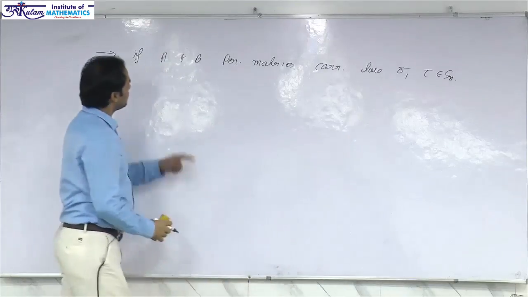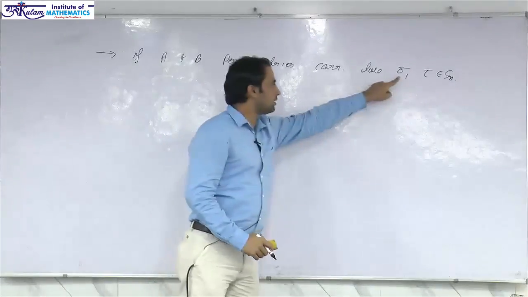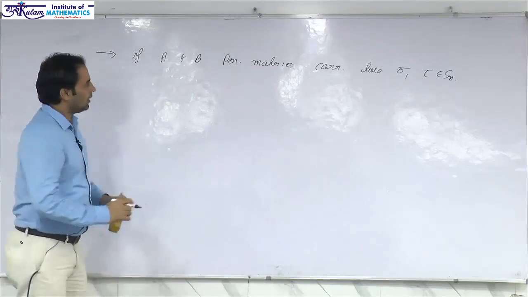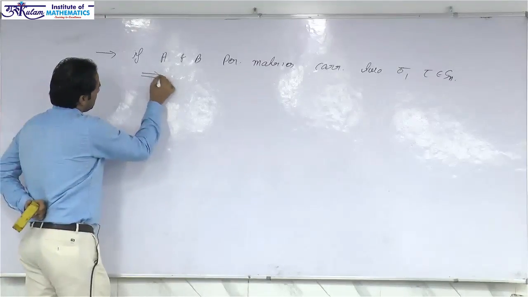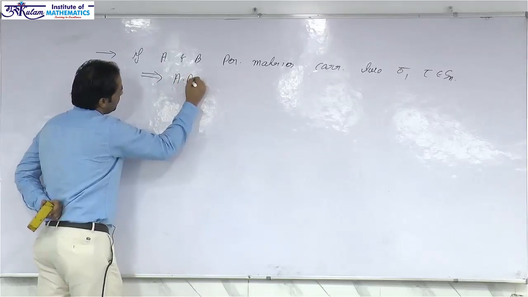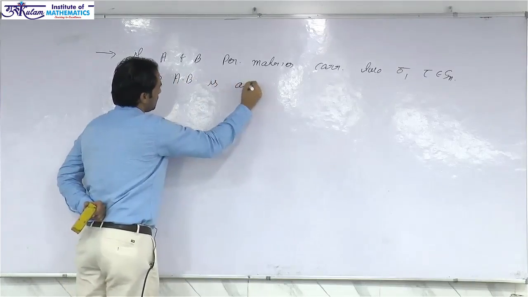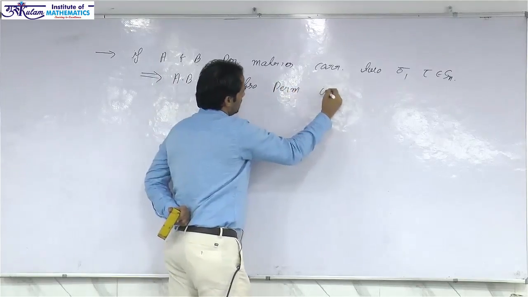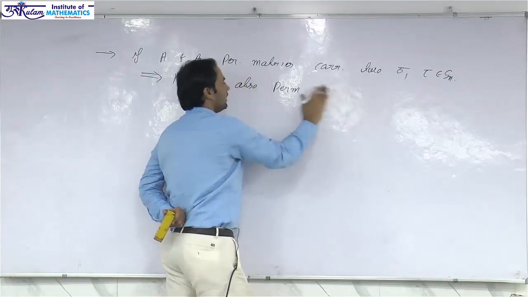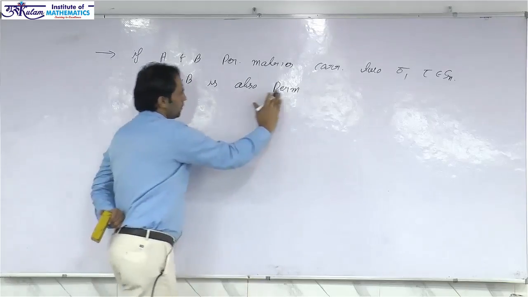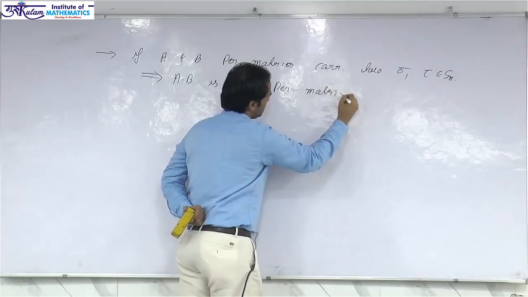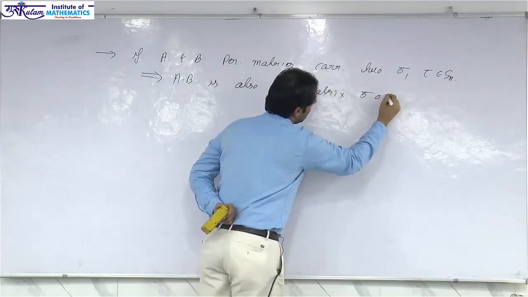So, A is a permutation matrix with respect to sigma and B is a permutation matrix with respect to tau, then this implies A into B is also a permutation matrix with respect to sigma composition with tau.